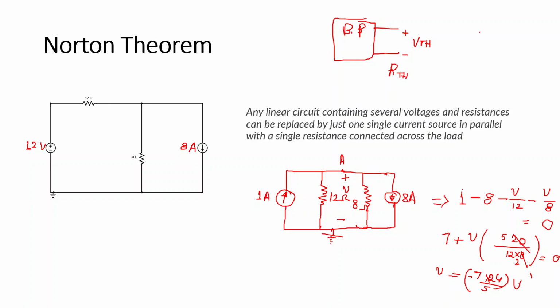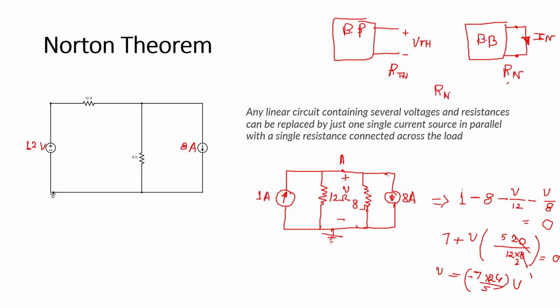In similar terms, here also we have a black box. Here we consider the short circuit current that flows when the terminals are shorted, and this is my Norton current IN. Again across these two terminals we consider the equivalent resistance with the voltage sources shorted and the current sources opened up to get the Norton resistance.